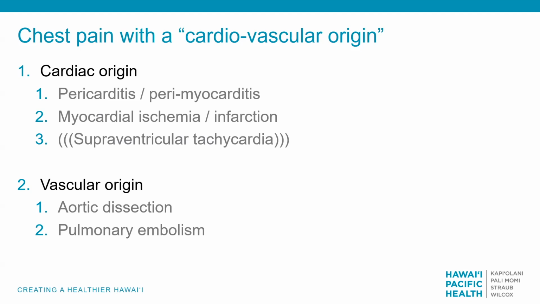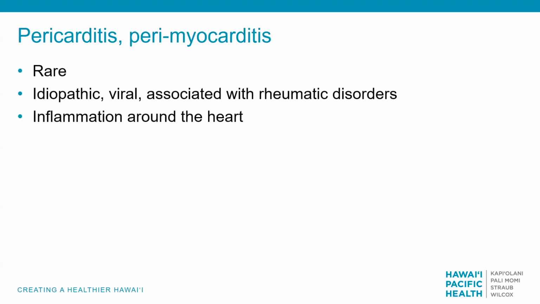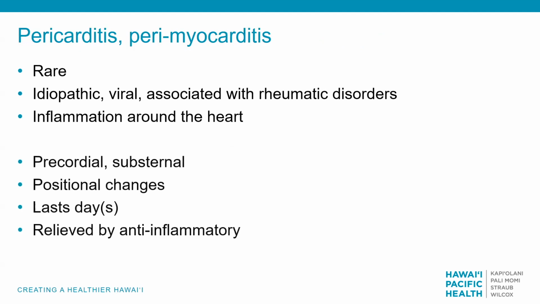So let's go over this step by step. Start with pericarditis, the most common cardiac cause of chest pain. It's rare, even though it's the most common. It usually is idiopathic. A lot of times it's viral. It can be associated with all kinds of carditis like rheumatic heart disease, MIS-C, maybe even Kawasaki disease, but it's an inflammation around the heart.